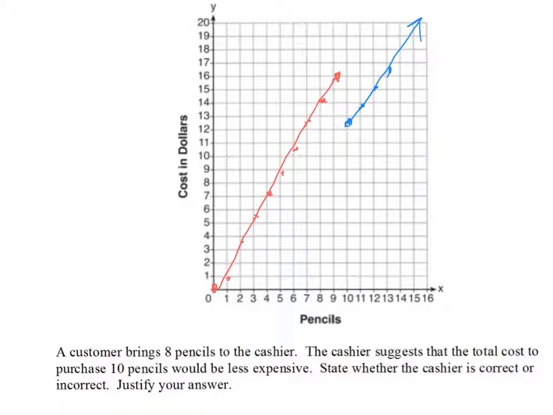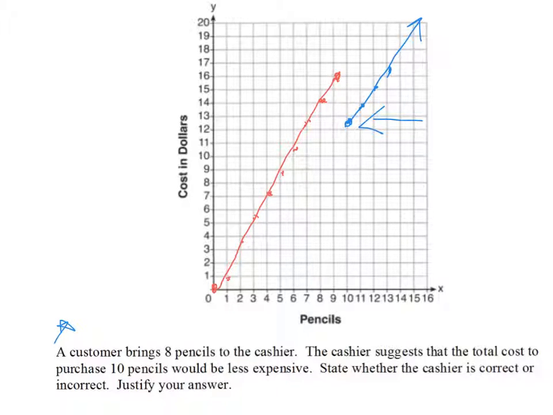So the next part states that a customer brings 8 pencils to the cashier. The cashier suggests that the total cost of purchase of 10 pencils would be less expensive. State whether the cashier is correct or incorrect and justify your answer. So as you can see, this value here, for 10 pencils, it is indeed less than the value of purchasing 8 pencils.